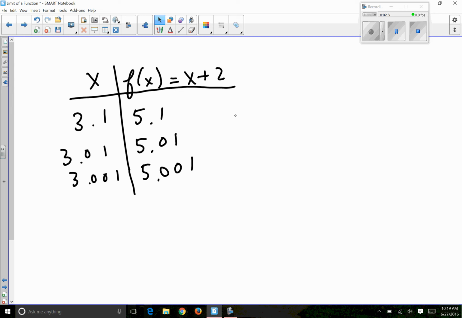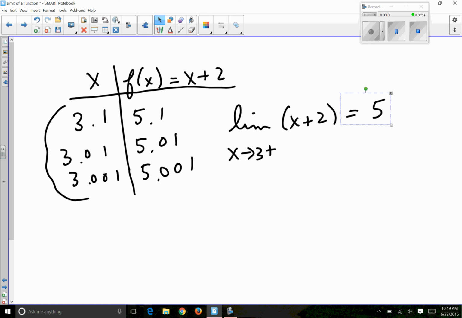This table illustrates that the limit of x plus 2 as x approaches 3 from the right is equal to 5. The numbers in the x column are getting closer and closer to 3. These are all on the right side of 3. The f of x values are getting closer and closer to 5.